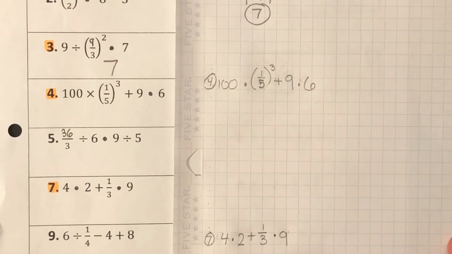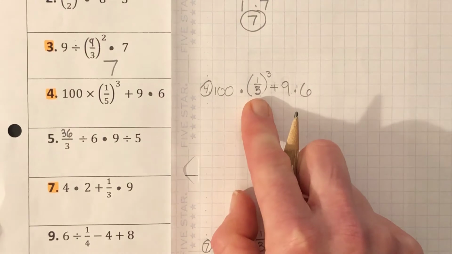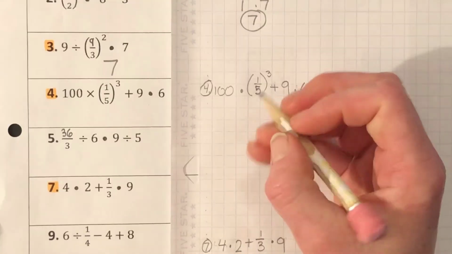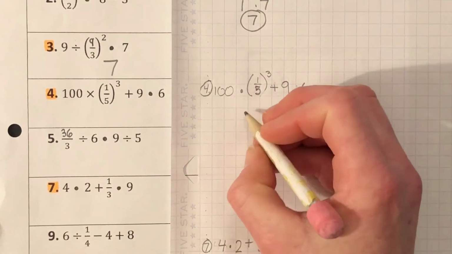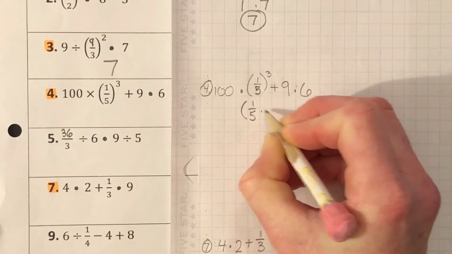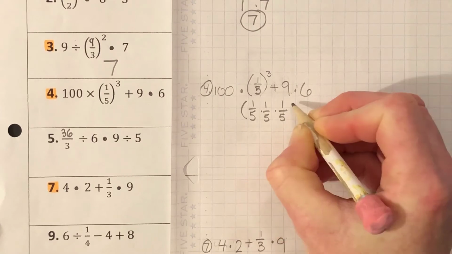Now let me go on to number 4. This time I do actually have to write that out. That's going to be 1/5 times 1/5 times 1/5. So let me go ahead and do this step. Inside the parentheses I have 1/5 times 1/5 times 1/5.